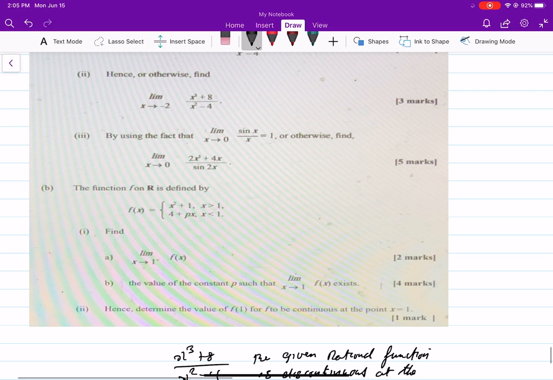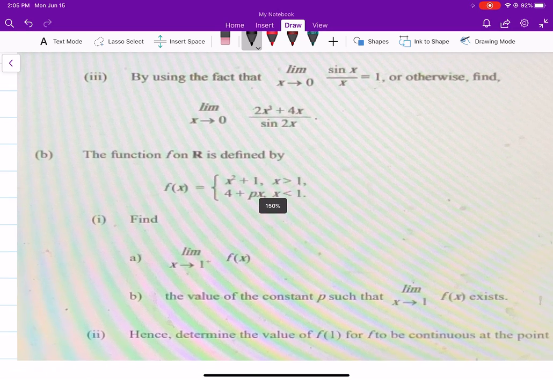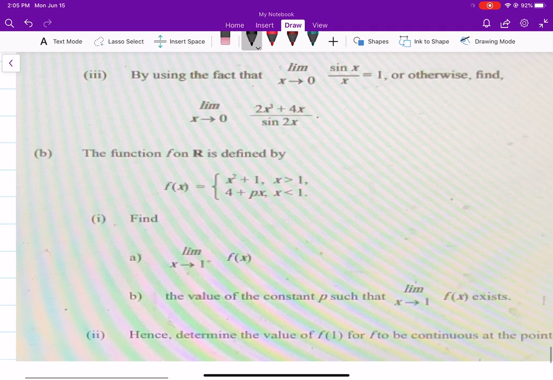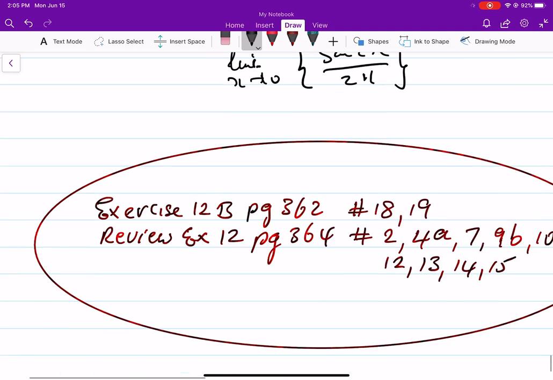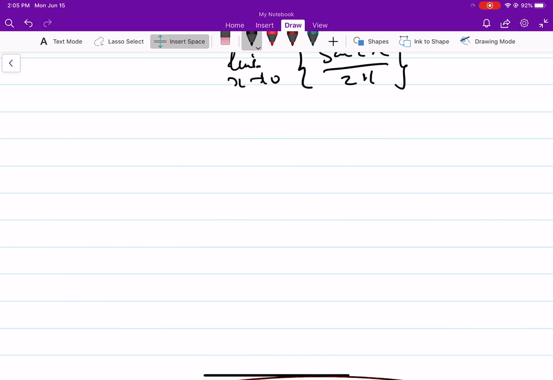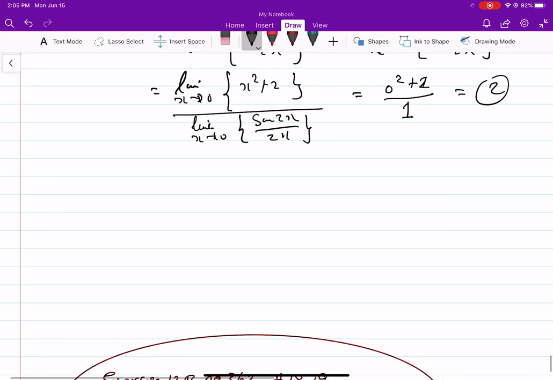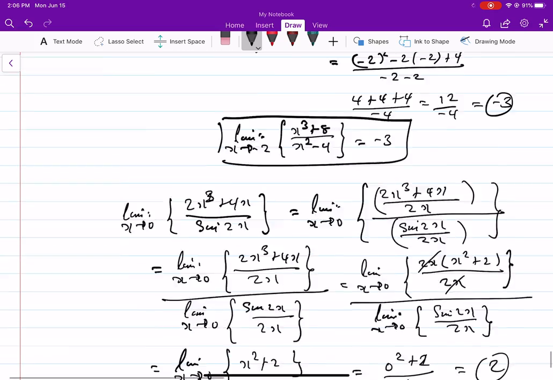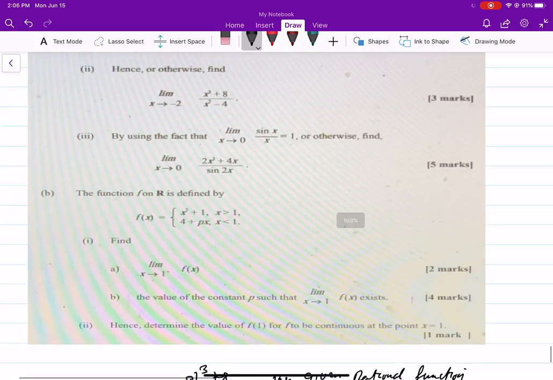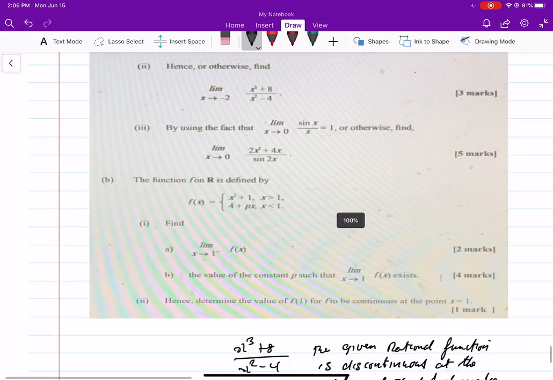The function f on R is defined by f of x is x squared plus 1 for x greater than 1, and the other piece is 4 plus bx for x less than 1.